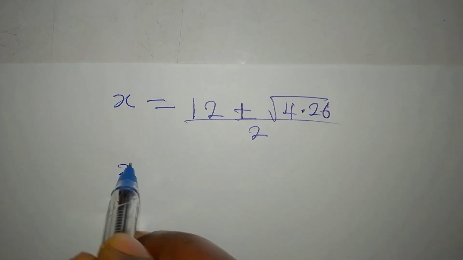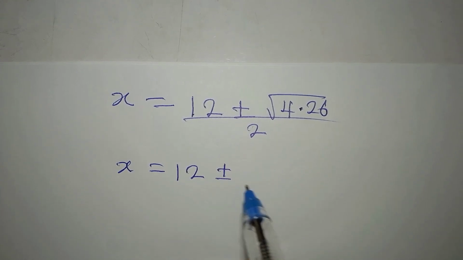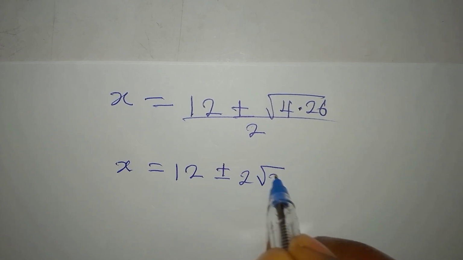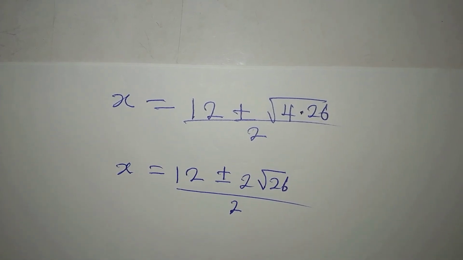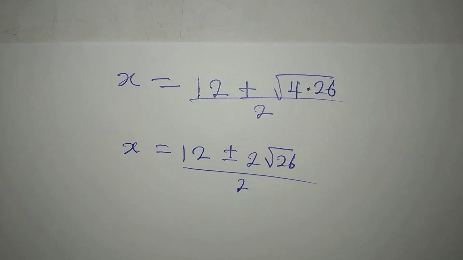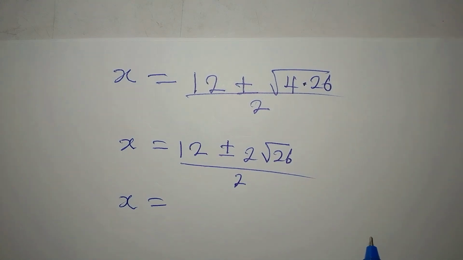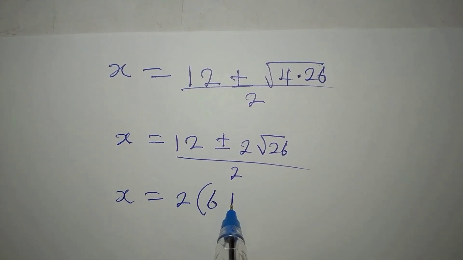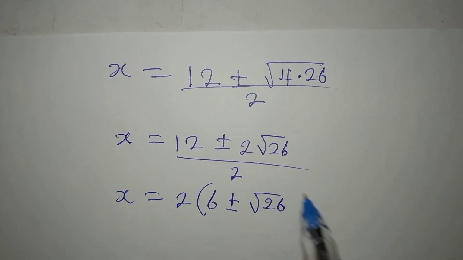So x is now 12 plus or minus the square root of 4, which will give us 2. Then we have root 26, which will be divided by 2. Now, what can we do? x is equal to, we can factorize the numerator. 2 is common. Then here I have 6 plus or minus. This 2 is out. So we have root 26.